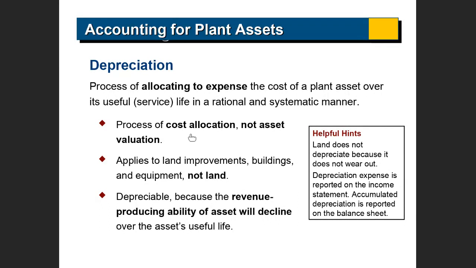It's just spreading out the cost of $10,000 over a period of 5 years, during which this equipment is going to help you earn revenue.